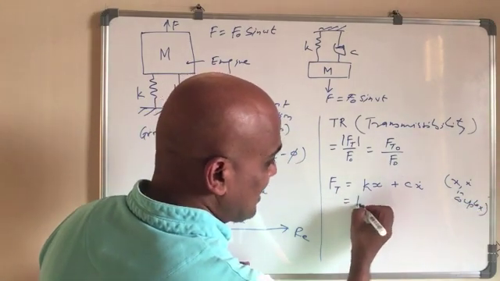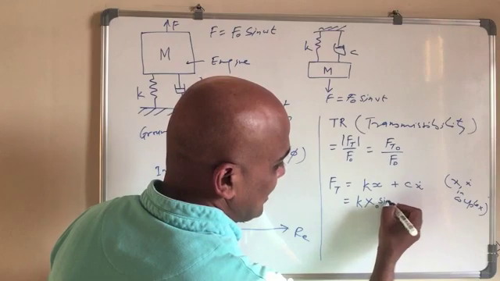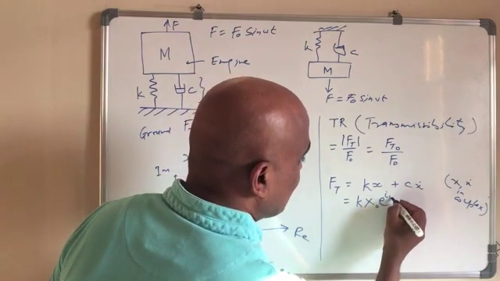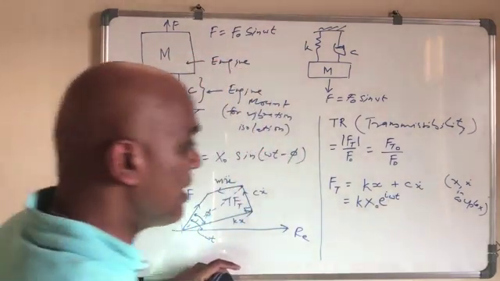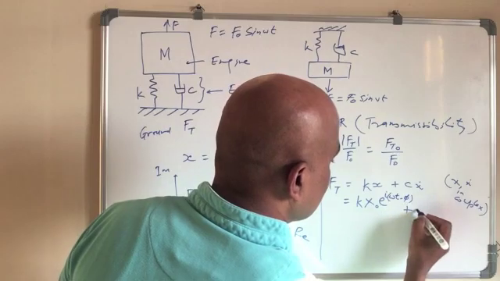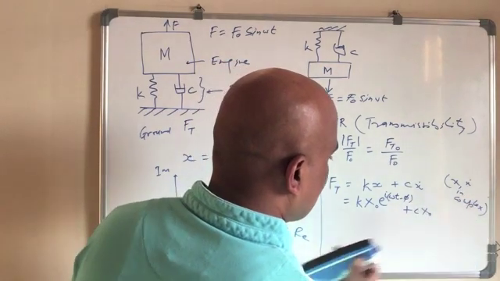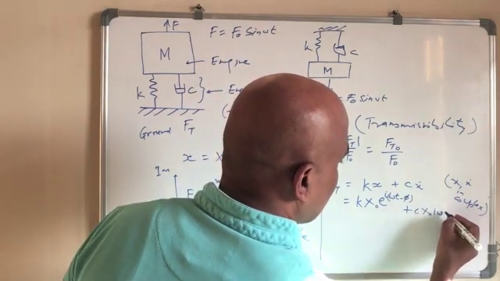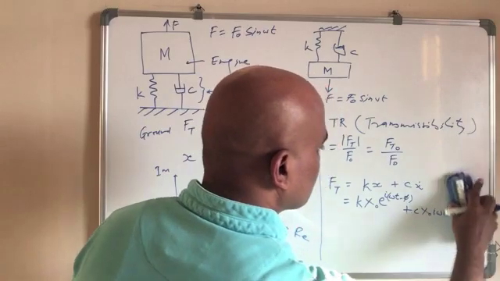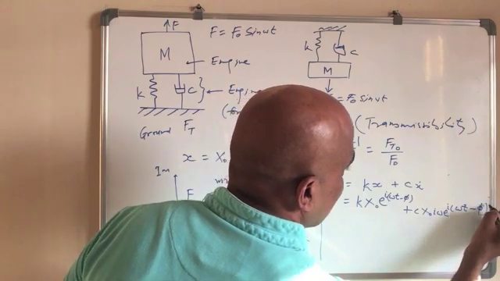So what we get is k x naught e to the power i omega t minus phi, that we know, plus c times i omega x naught e to the power i omega t minus phi.